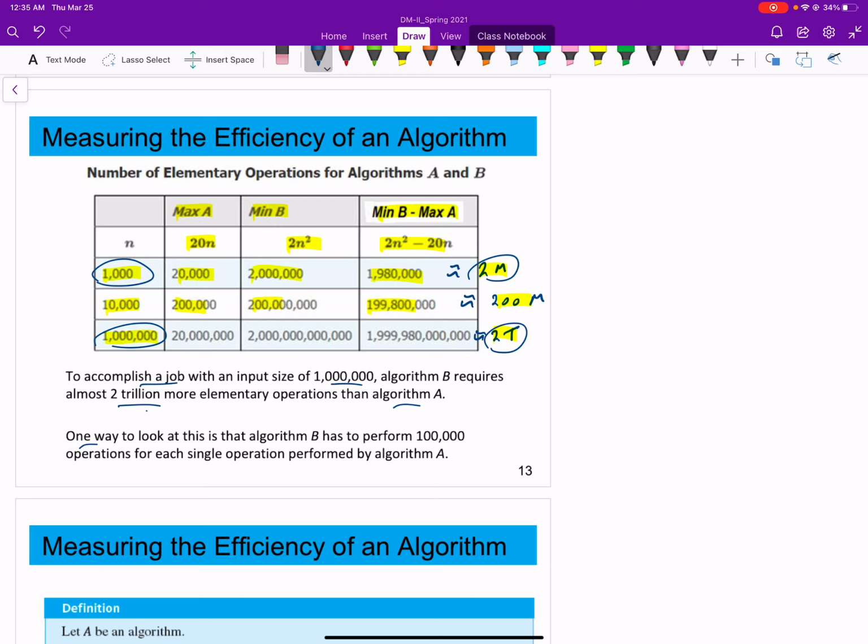One way to look at this is that algorithm B has to perform 100,000 operations for each single operation performed by A. That means you could just divide this by that: 2 trillion divided by 20 million.